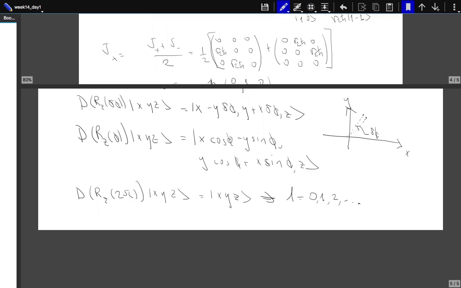If you remember the spin 1/2, under a rotation around the z-axis by theta, we didn't get cosine theta or sine theta, we got cosine theta over 2 and sine theta over 2. So that 2 was the reason why we had the minus sign. But here there is no minus sign. And hence we are not allowed to have half-integer values here.